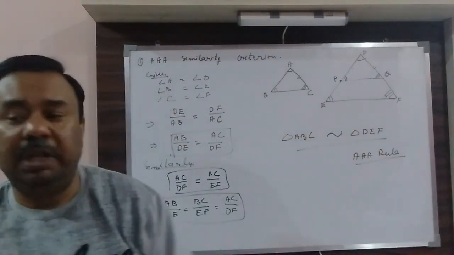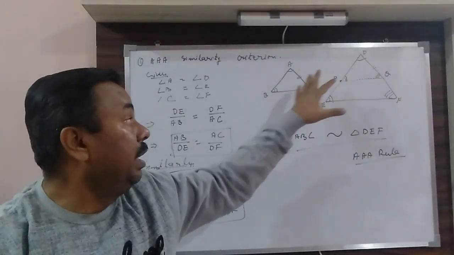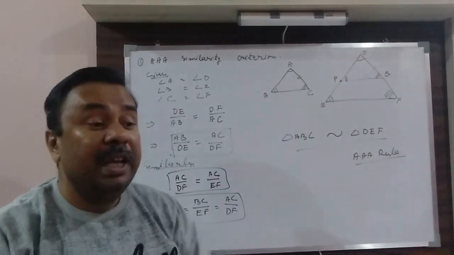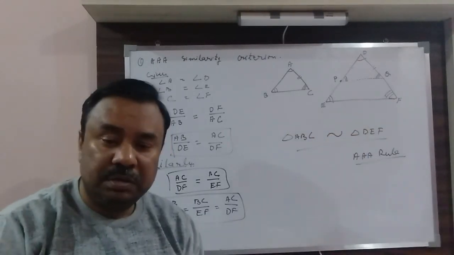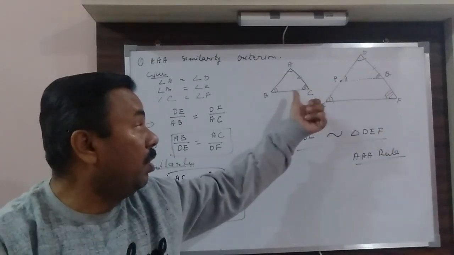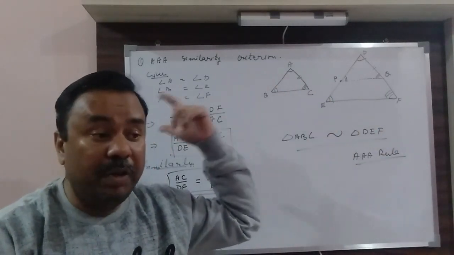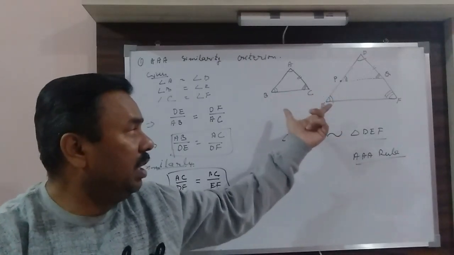Now there is one more thing. If you are given that angle A is equal to angle D and angle B is equal to angle E, is it necessary to say that angle C is equal to angle F? It may not be necessary, because the sum of all three angles is always the same, 180 degrees.